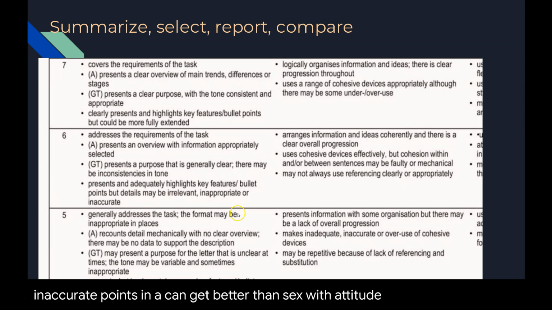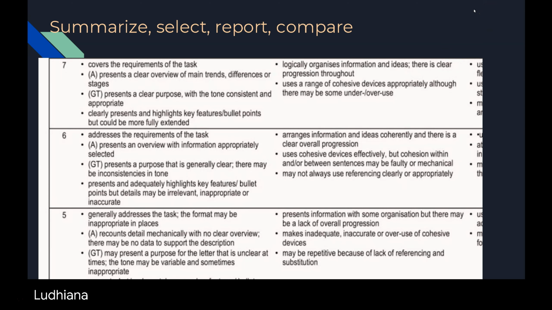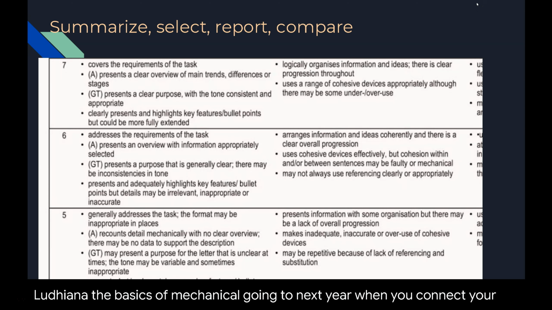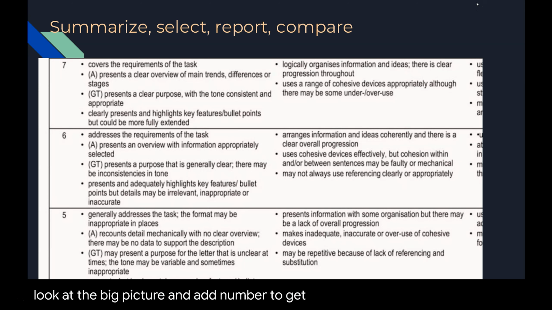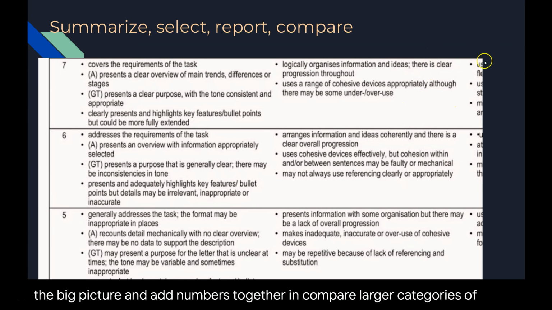But it won't fall into 5. But there you go. Hope that's a good lesson for you in task 1. Making comparisons, how important it is. Look beyond the basics. Just mechanically going 1 year to next year, 1 year to next year. Look at the big picture and add numbers together and compare larger categories of data.